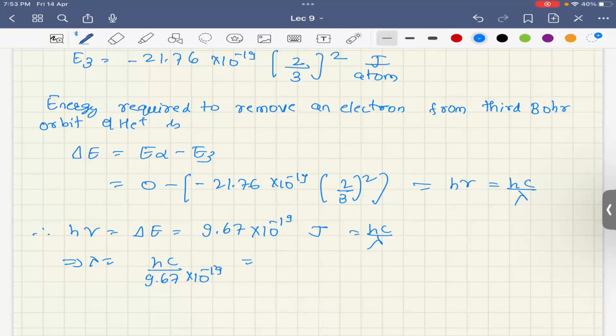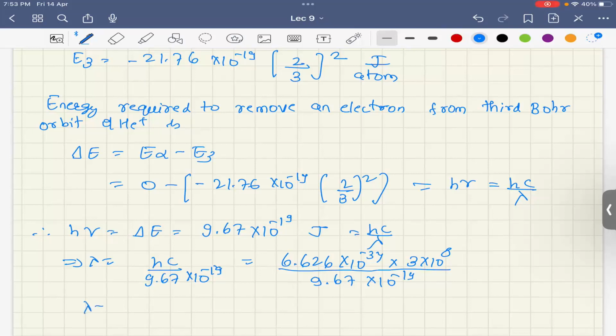So when we put in the values, we get 6.626 × 10^-34, that is the value of h, multiplied by 3 × 10^8, that is the value of c, the speed of light, divided by 9.67 × 10^-19.